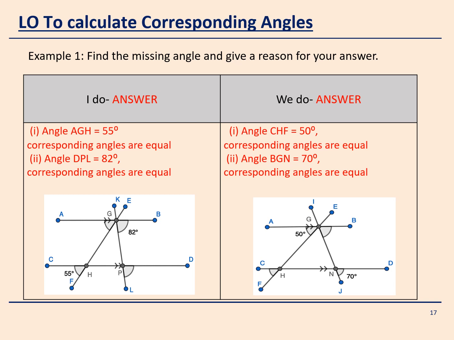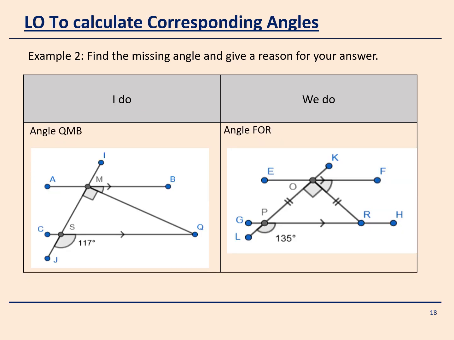Okay, right, moving on. Find the missing angle and give a reason. So it's QMB we want to find. So we go to Q, we go to M, and we go to B. So we want to find this angle here. There's your two parallel lines, AB is parallel to CQ.